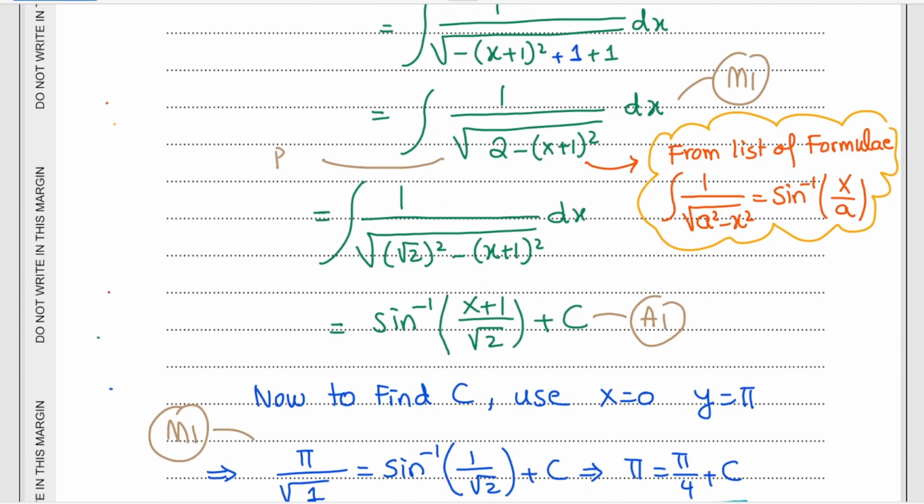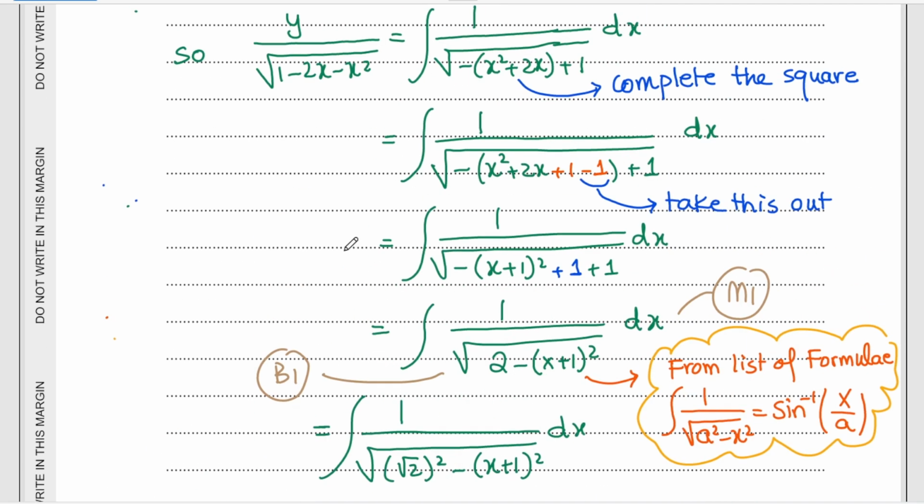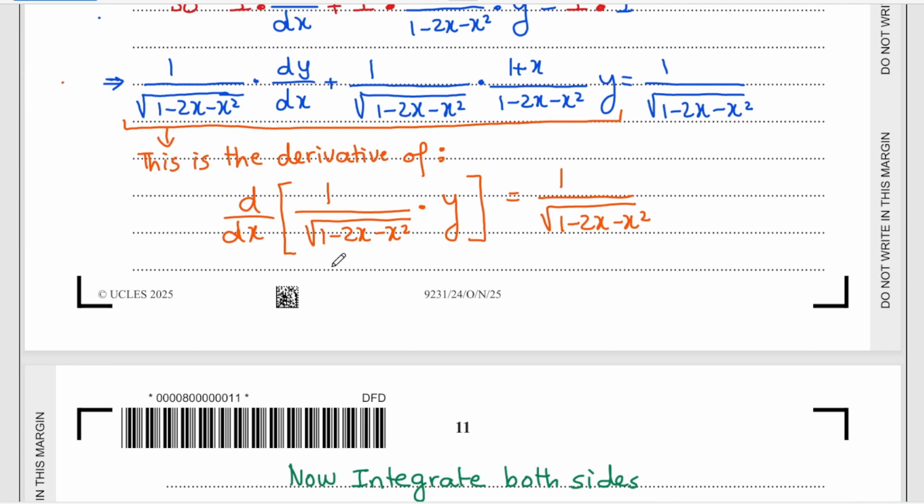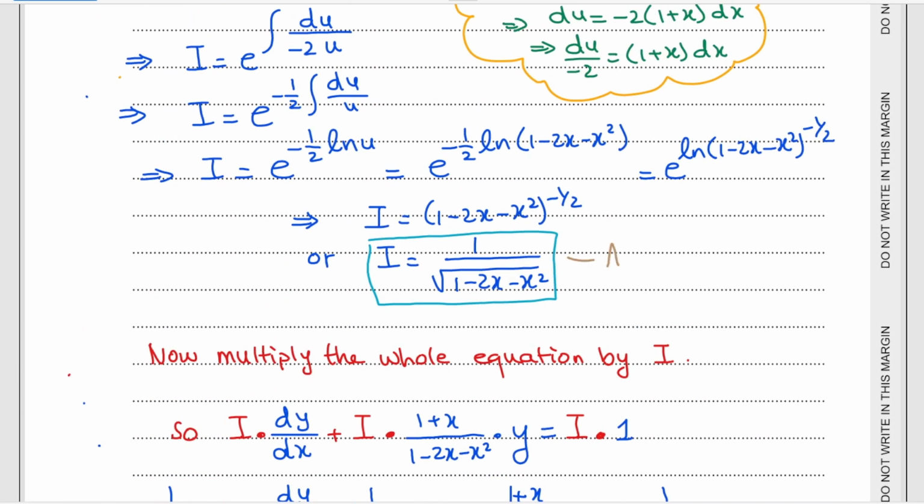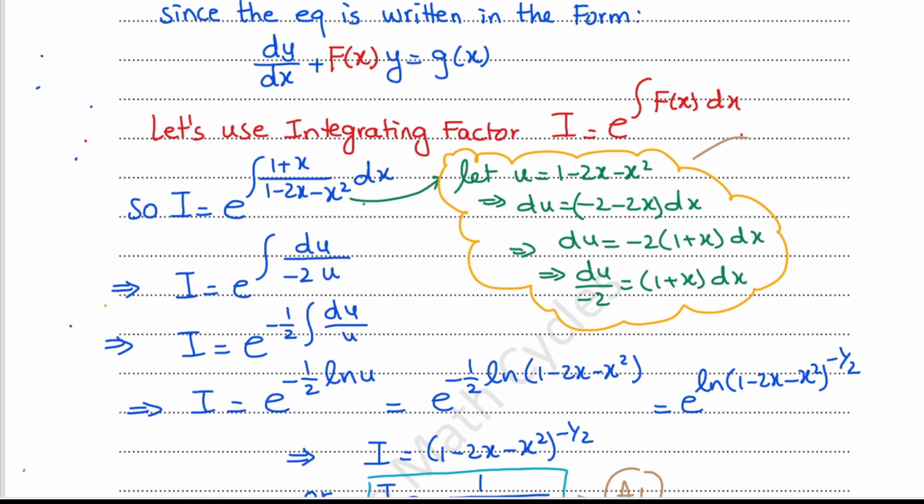There's a basic mark to complete the square. And there's a method mark for the correct forms on the left-hand side and right-hand side here. There's an accuracy mark for the integrating factor. There's a method mark to integrate using the substitution method. And there's an accuracy mark for the ln answer.